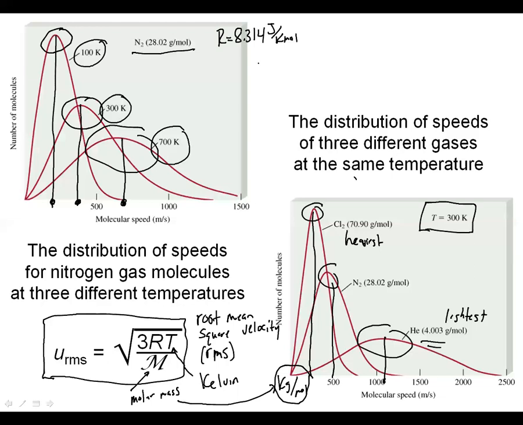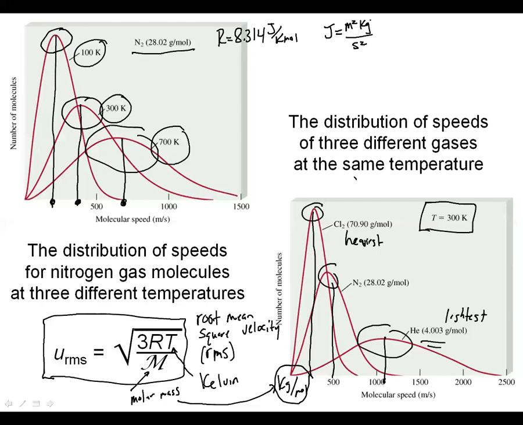Now, that is a different gas constant than the one that we've been using, which is the 0.08206 number. And it's important because a joule is equal to a meter squared times a kilogram divided by a second squared.